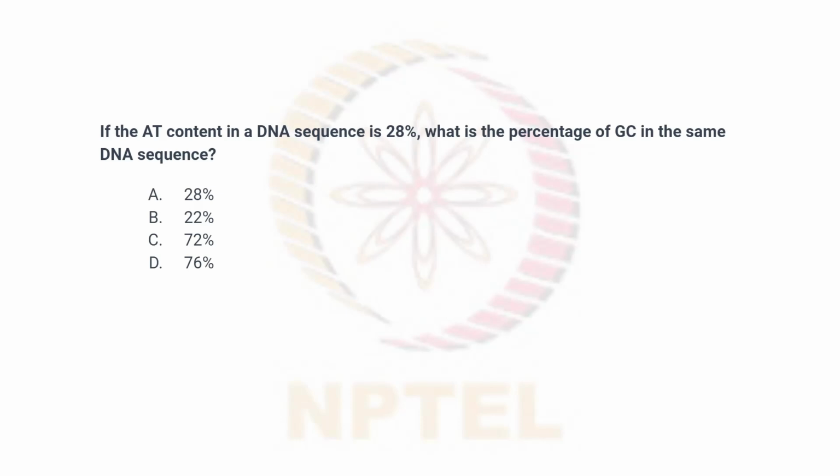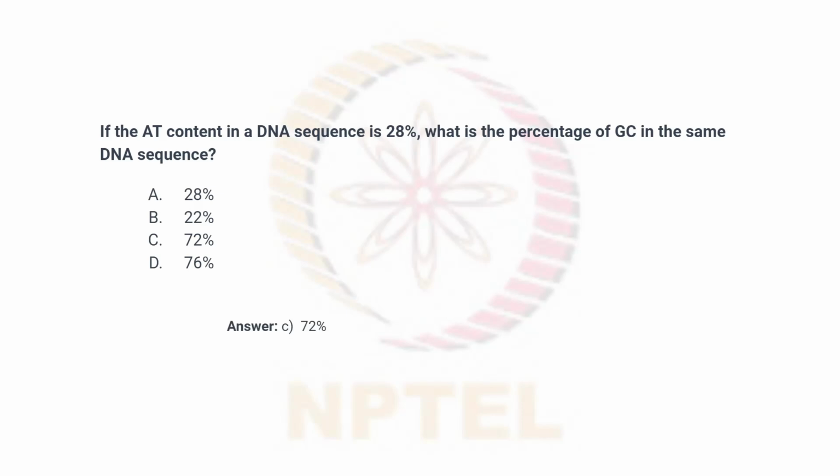When the AT content itself takes 28%, the remaining percentage is for GC. So 100 minus 28 gives the GC content. So 100 minus 28 is 72.